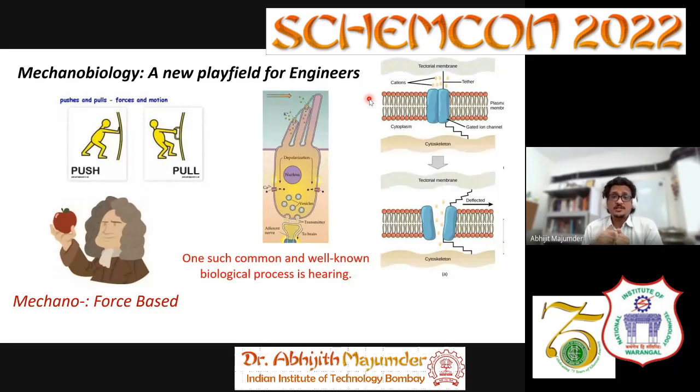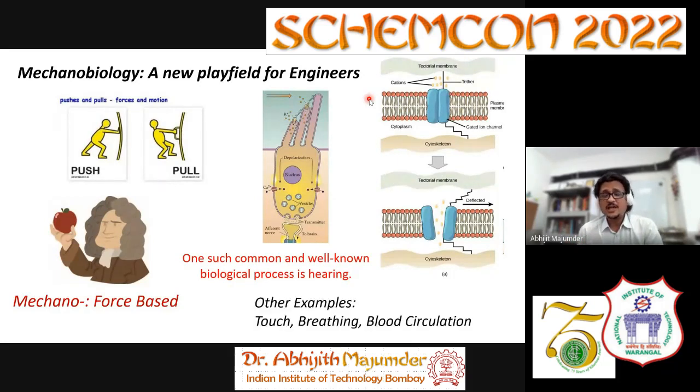So not just hearing, there are many other examples in our body where mechanobiology is playing important roles. Various common examples are touch, that you can tell the difference between touch by, say, two different people, because you can understand the force applied and the texture of that hand.